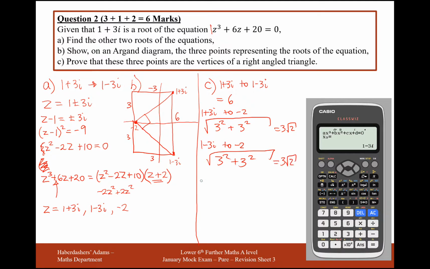And then just check this follows Pythagoras, and you need to include some clue as to how you're working this out.